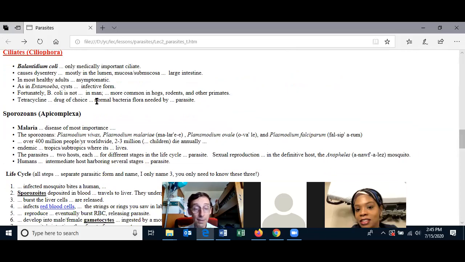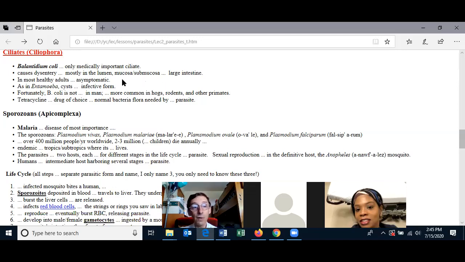Mostly Balantidium coli lives in the lumen of the mucosa and doesn't cause much damage, but it can burrow into the mucosa and even burrow into the submucosa, doing damage to the large intestine.